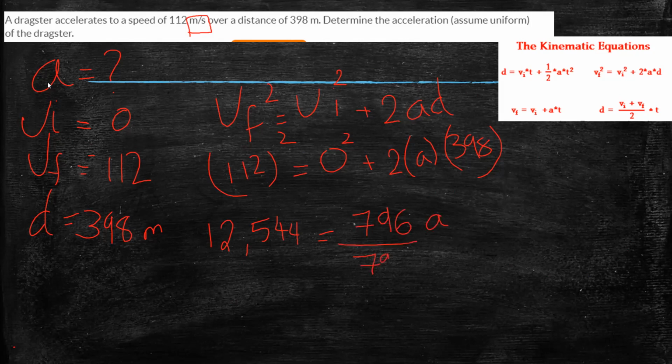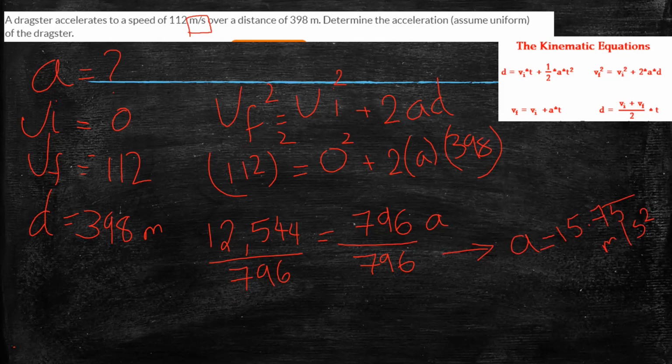Divide by 796. So 12,544 divided by 796. So A here is 15.75 meters per second squared. Is it right? Yeah.